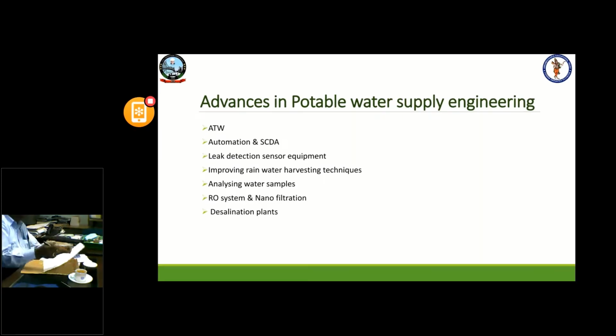Directly you can take the samples and analyze various parameters of the water samples, such as turbidity and acidity. Online, you can assess whether the water is good or polluted and check the standards with the WHO.